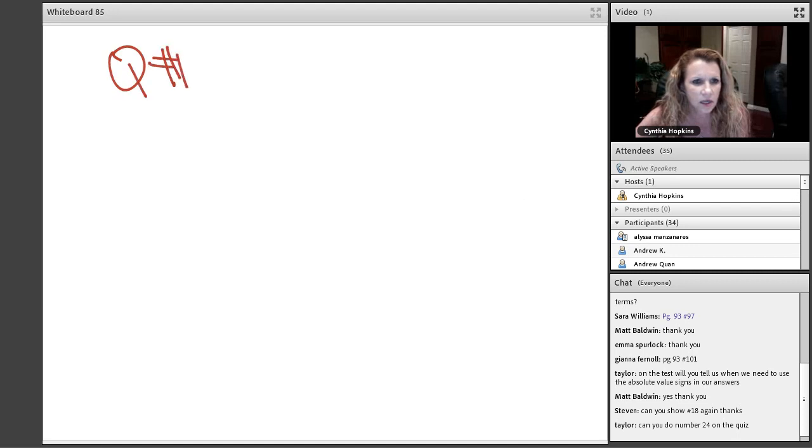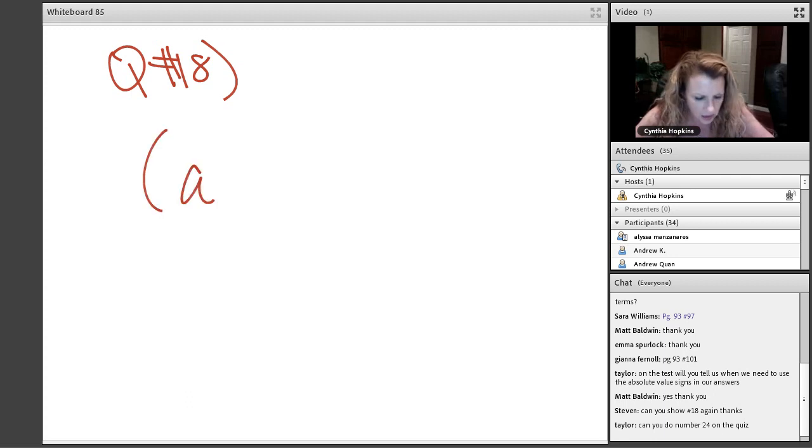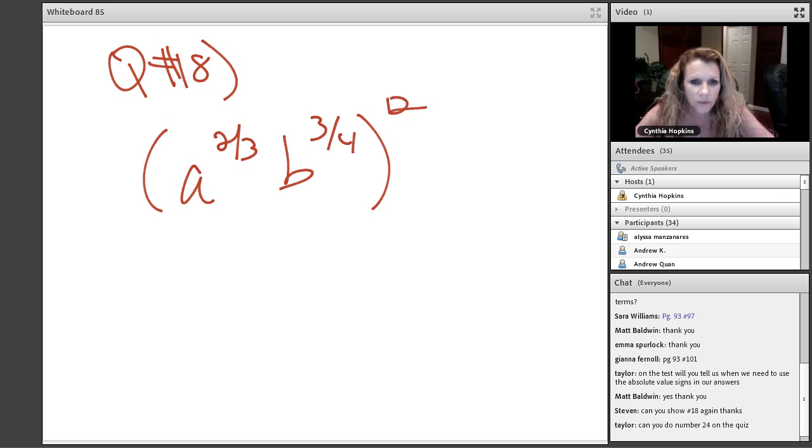Quiz number 18. All right, we've got parentheses, a to the 2/3 power times b to the 3/4 power, and then all of that is to the 12th power. Okay, so bottom line, you have to know your properties. Since these are factors, when you raise a power to a power, you keep the same base and you multiply the exponents.